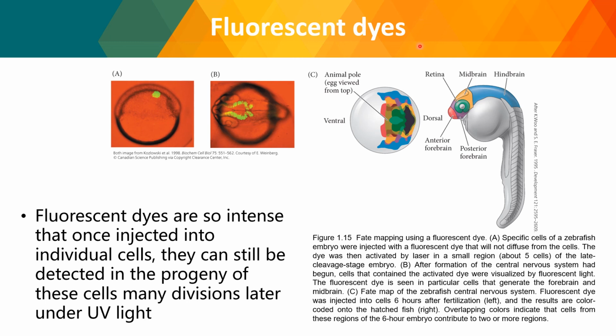Okay? So, for example, in here, this is the fate mapping for a certain egg of a zebrafish. So, if this is the animal pole at dyan nila nilagay yung dye, nung nag-develop na yung zebrafish, ito na yung kinalabasan or yung naging pathway kung saan pumunta yung mga cells na yon. Okay?